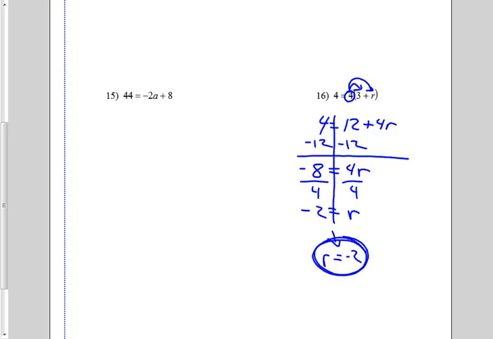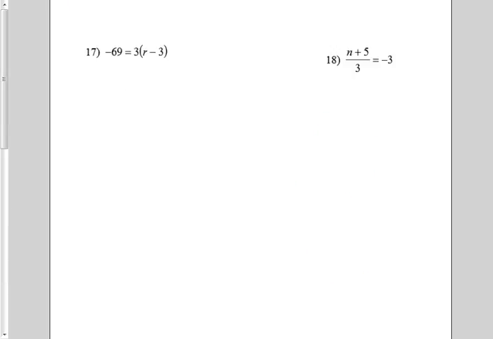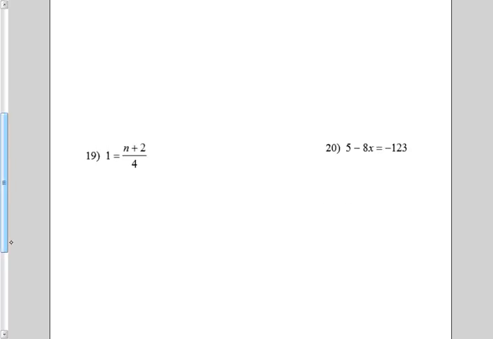Okay, as I move on to the next page, I don't see anything here that's going to be any different than the problems we just did. Let's do number 20 as just another review. The first thing I see on 20 is let's leave the x by itself. So let's get the 5 out of there.